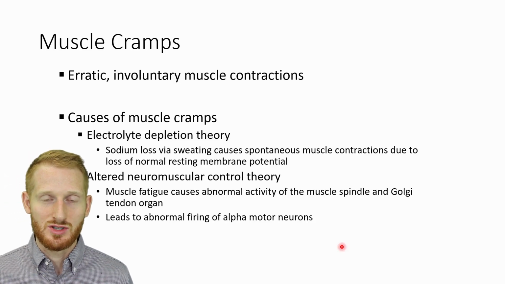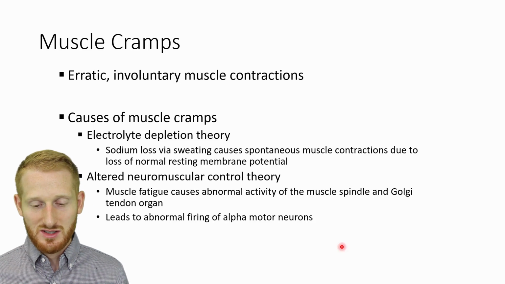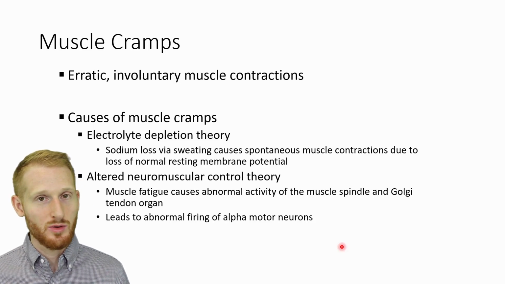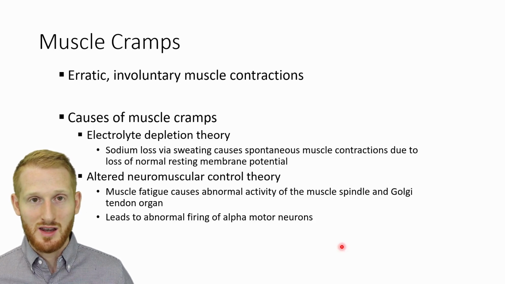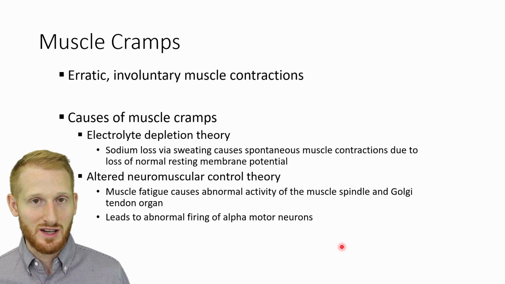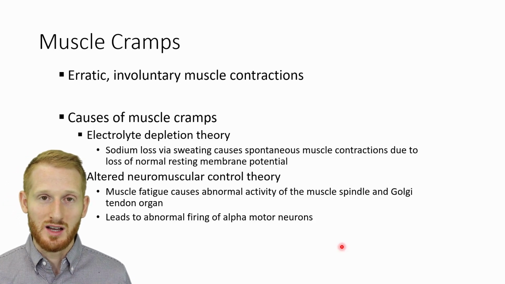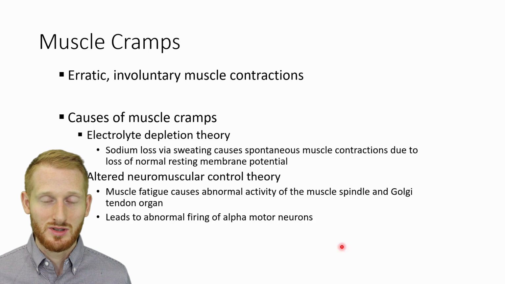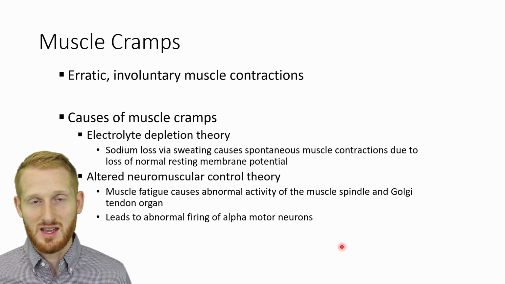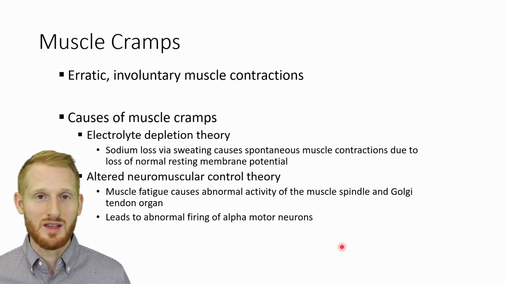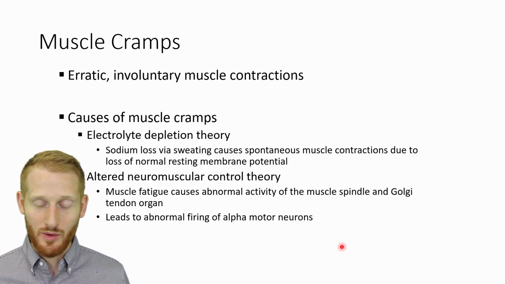The muscle spindle tends to increase the contraction of that muscle, so it stimulates the muscle. If these two get out of sync with each other, if you get not enough inhibition from the Golgi tendon organ or too much stimulation from the muscle spindle, this can also cause a muscle to cramp up. So the muscle will activate without you wanting it to, or it won't relax when you want it to. Either way, it would be a muscle cramp.